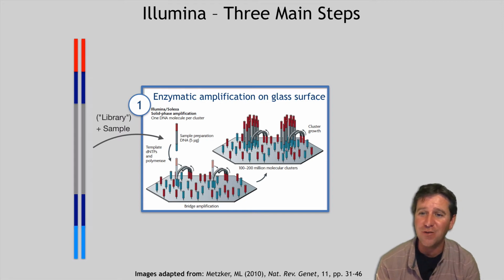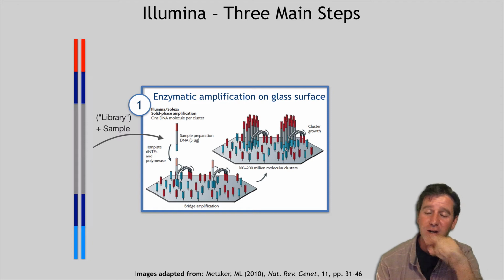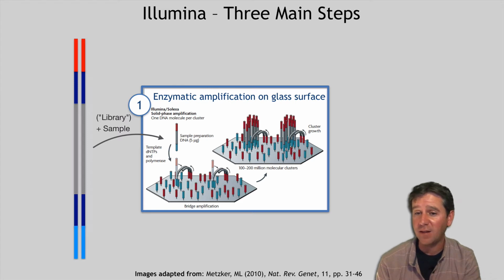It'll be complementary to those adapters that are on the flow cell. It'll stick there. It'll undergo what Illumina call bridge amplification, this bridging across here that you see in all their images and documents. The purpose here is to concentrate that homogeneous little sequence, right? So we'll have clusters of the same sequence on our flow cell, many of these. And then when we've got enough of them, we'll be able to detect them.